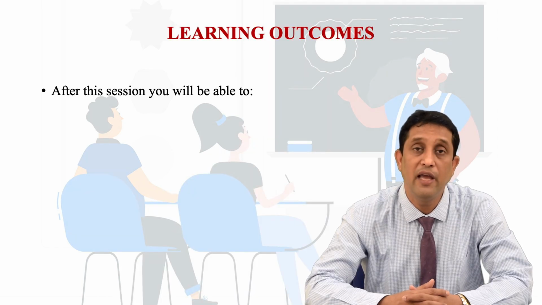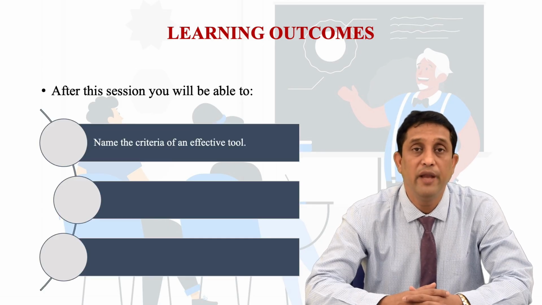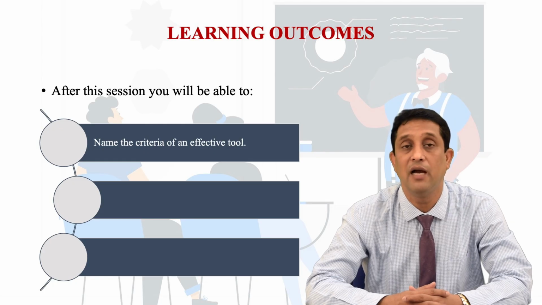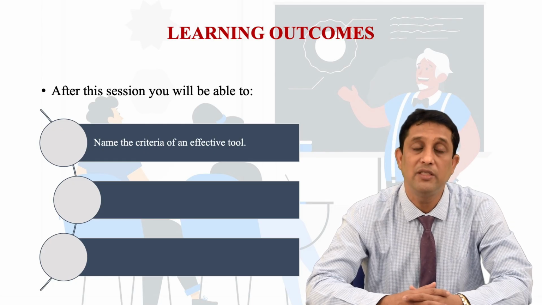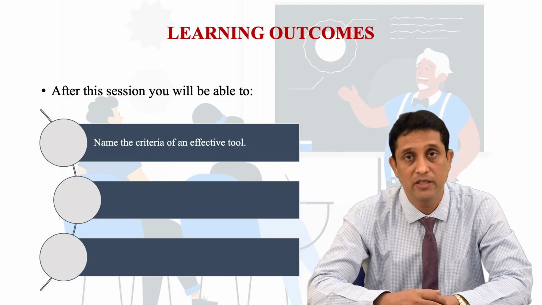Now let us see the learning outcomes of this video lesson. After going through this video lesson and the part E content given in the module, you will be able to name the criteria that you are supposed to establish for developing an effective tool.